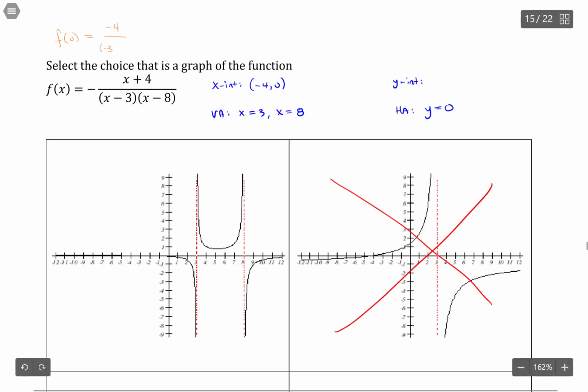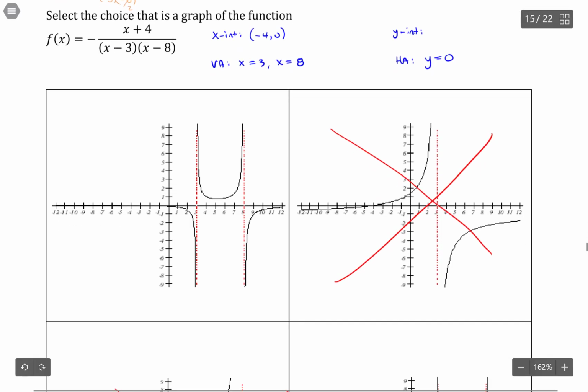Then in the denominator, it's negative 3 times negative 8. To make this easier, 4 goes into 8 twice. So I have 3 negatives, so the result is going to be negative. So negative 1 over 6. So negative 1/6 is my y-intercept.